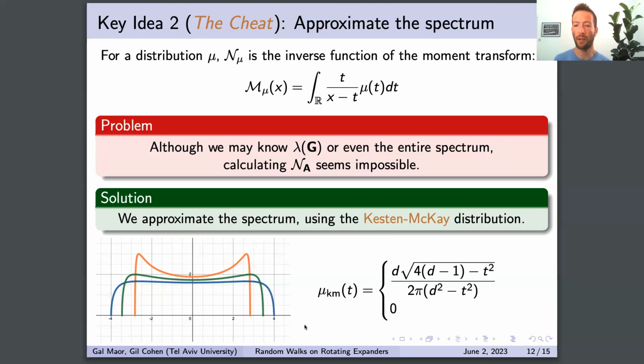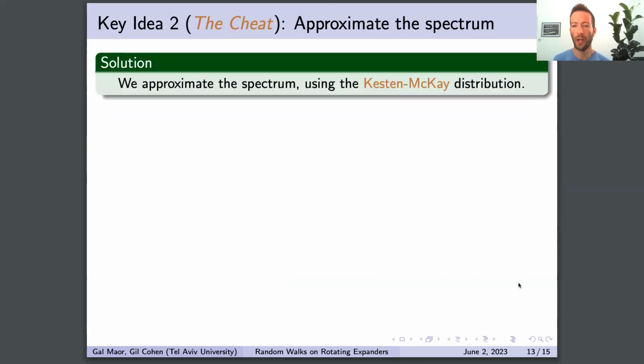In particular, the girth of the graph, which shows up in the error term that I've shown in the formal statement of the results.